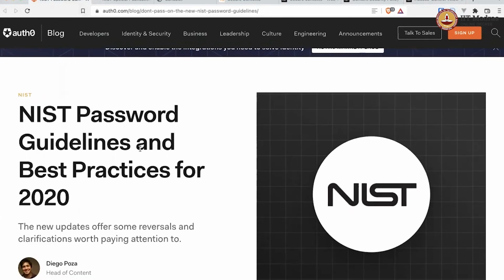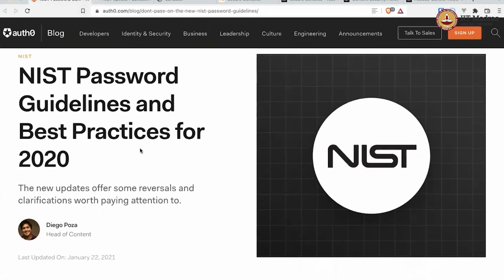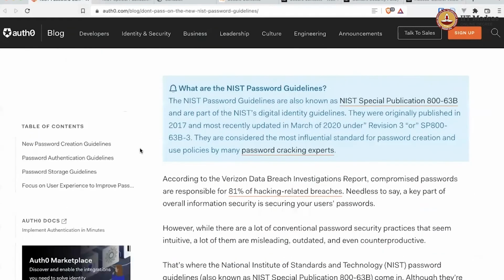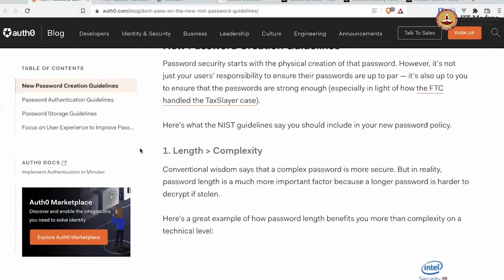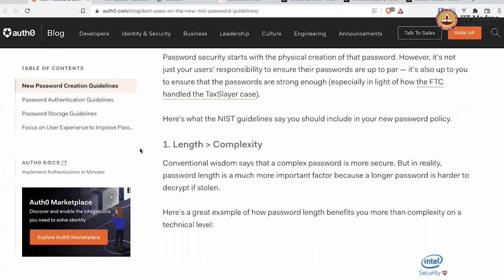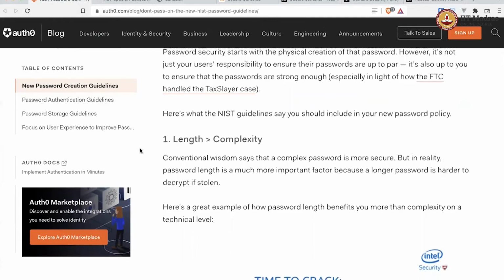I'm not recommending it specifically as the guidelines themselves. It's probably better to read through the guidelines, but this does a good job of explaining the core ideas behind it to you, right? And there are some very interesting things which, unfortunately, when you look at it, you find are actually being violated by many of the websites that we see today, right?